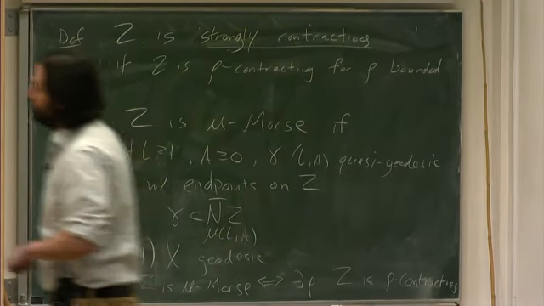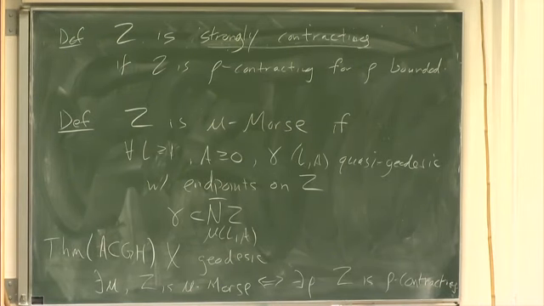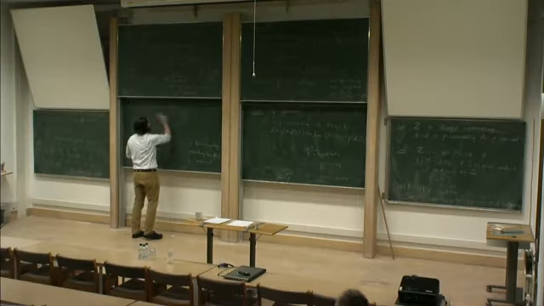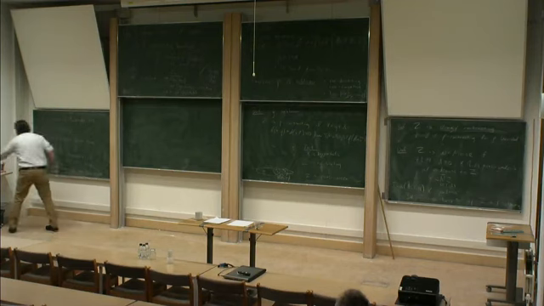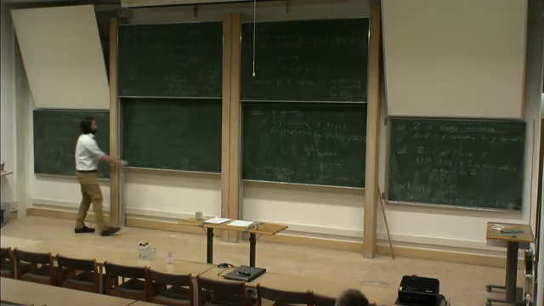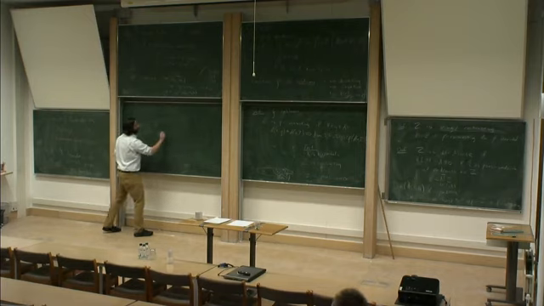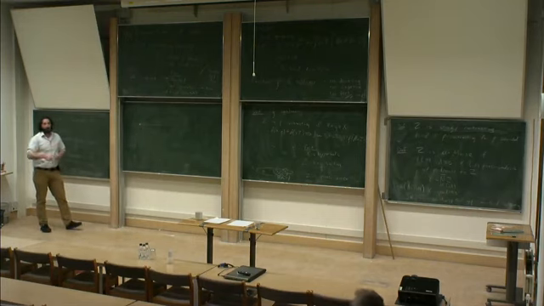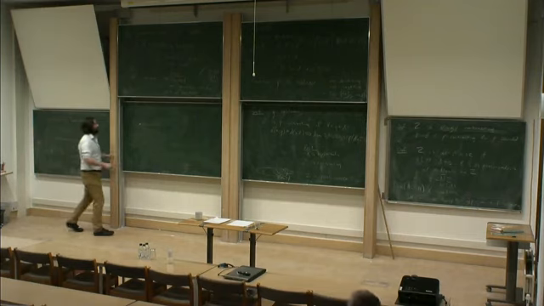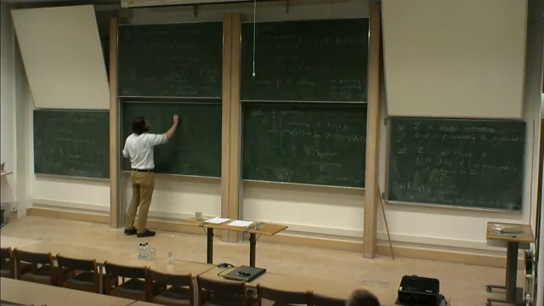So let me draw an example of contraction that's not strong contraction. Here's a base point, and here's a geodesic ray Z. Then the space X is going to be the ray with some detours coming off it.